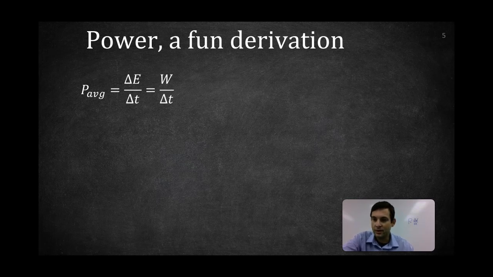The average power, here we go. We know that work equals force times displacement, so we can do F times d over delta t. What is displacement over time? Velocity. So another way we can write power is force times velocity.